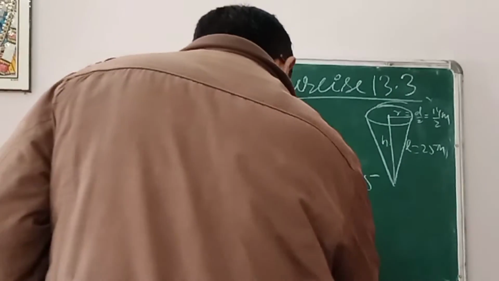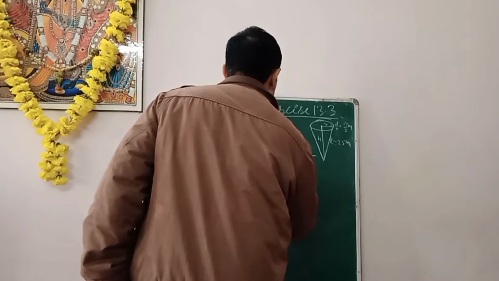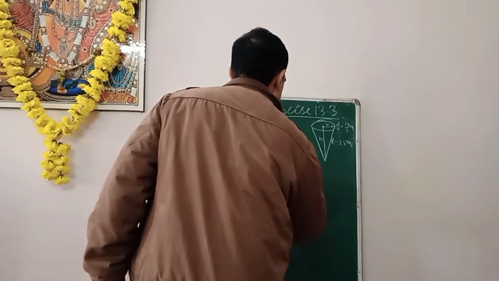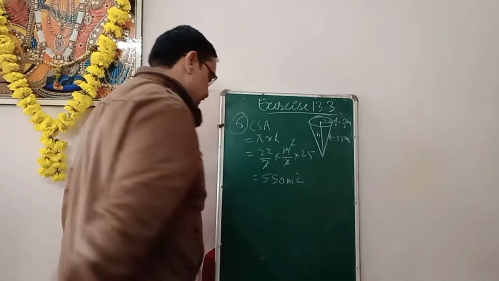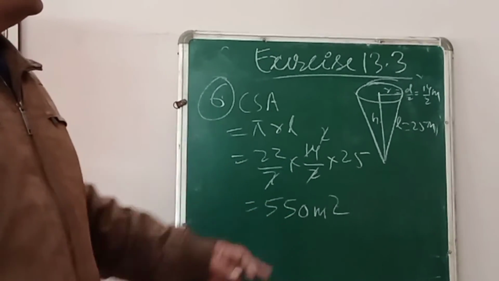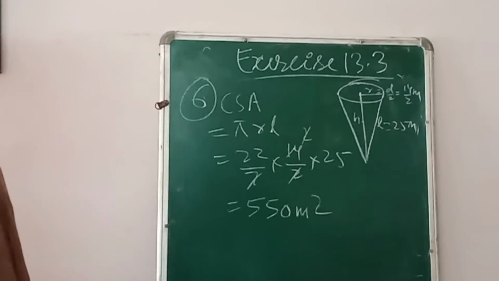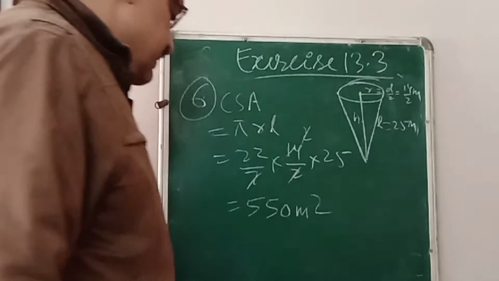So upon solving, we get CSA as 550 meters square.